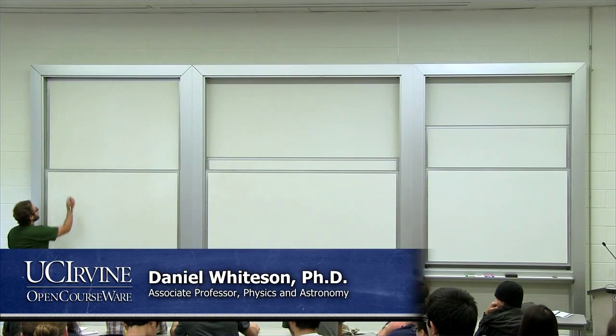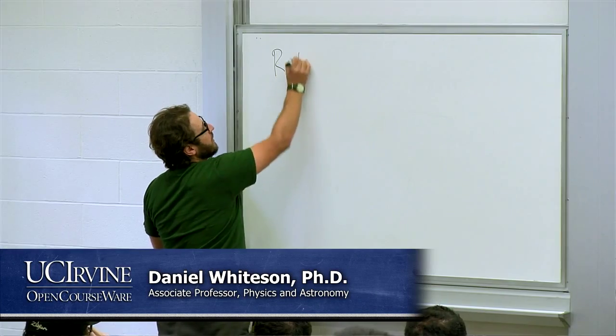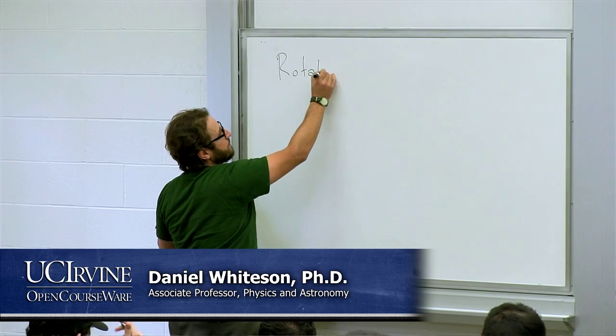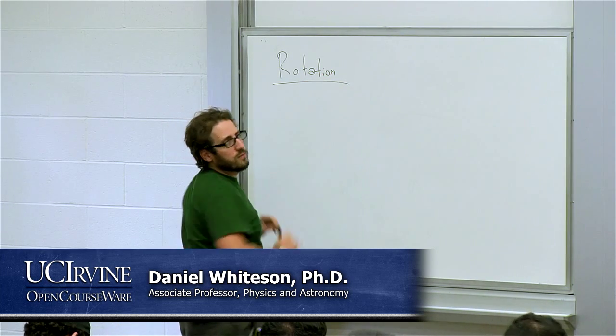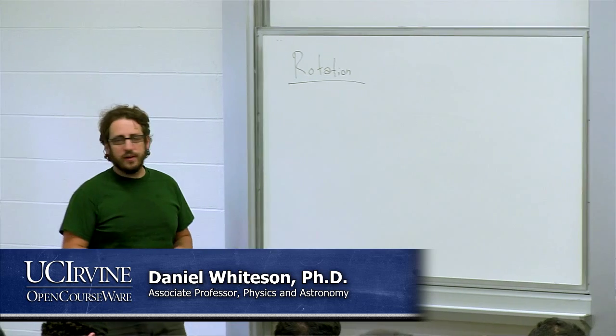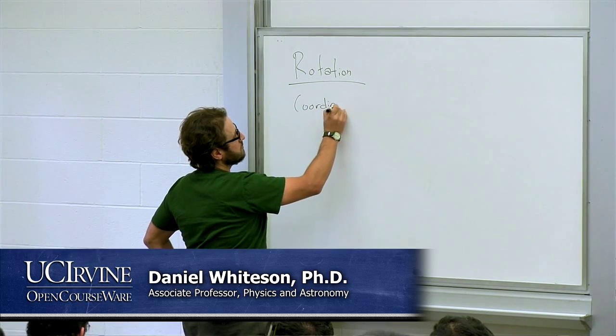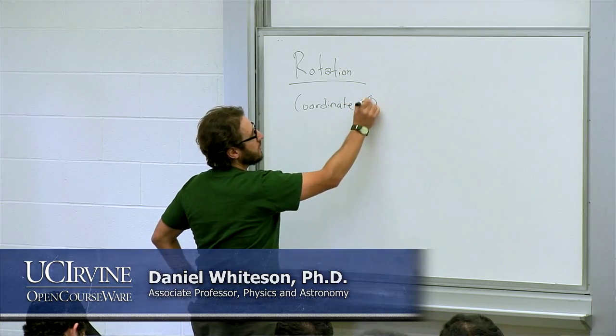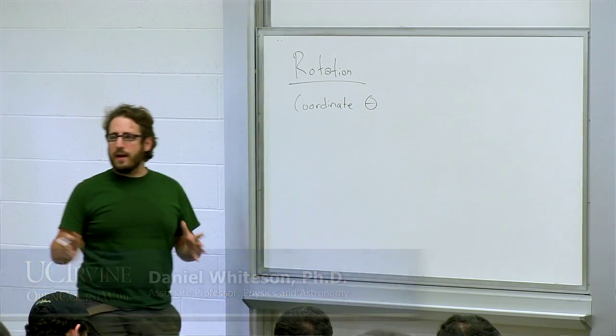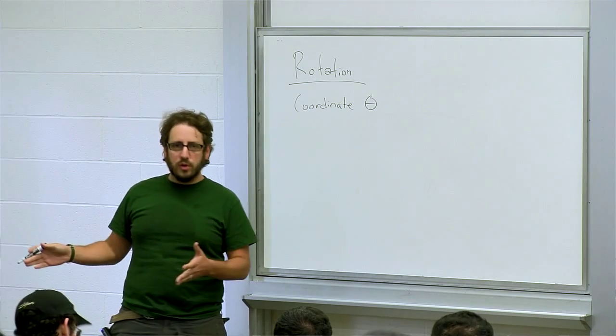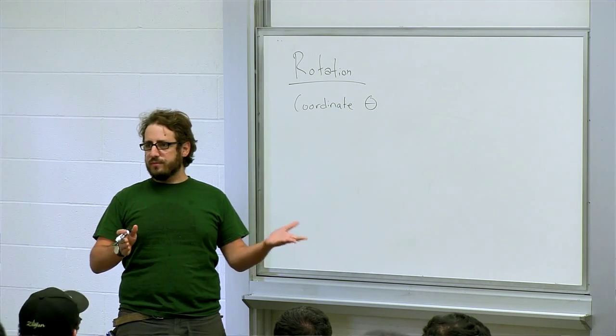Okay, so remember last time we were talking about rotation, right? And we defined our new coordinates, theta, right? And we tried to map everything we could from our understanding of linear motion to rotational motion.